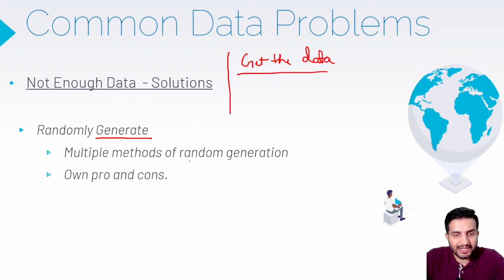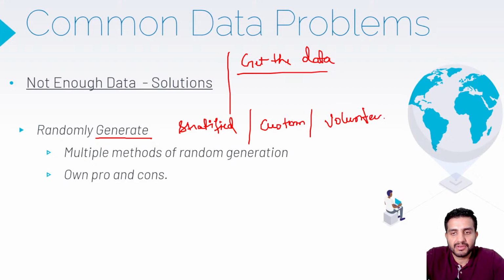And then for this, we have multiple methods of generation. I can do a simple random generation, or I can do some sampling, and I can perform some stratified sampling, stratified generation, or we can also do custom generations, volunteer generations, a lot of methods. So ultimately, my end objective is to have the additional data points for my entire process.